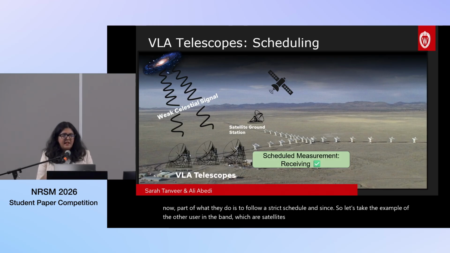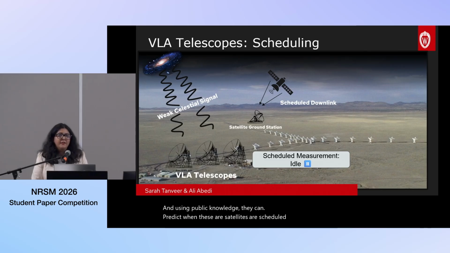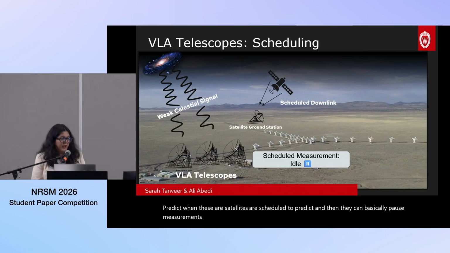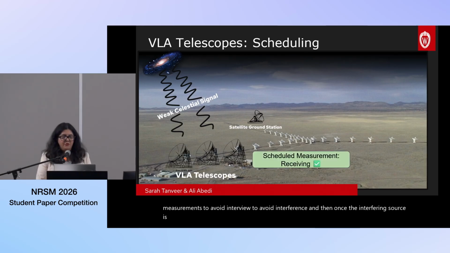The set of satellites that can interfere with the VLA is quite small, actually, and using public knowledge, they can predict when these satellites are scheduled, and then they can basically pause measurements to avoid interference. And then once the interfering source is gone, they can continue as usual.